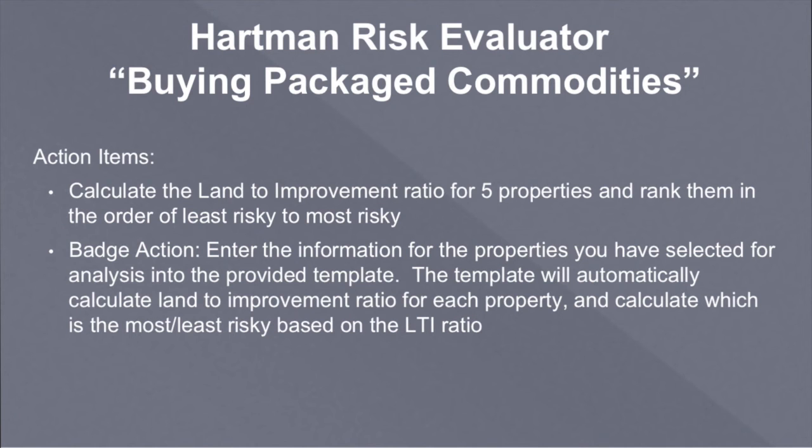Well, that is another big connection to the Hartman Risk Evaluator, because the linear markets are all the low land value markets, and the cyclical markets are the high land value markets. So now you have an understanding of that. And this applies anywhere on the planet. It's not just in the United States. These rules work internationally, which is really nice.